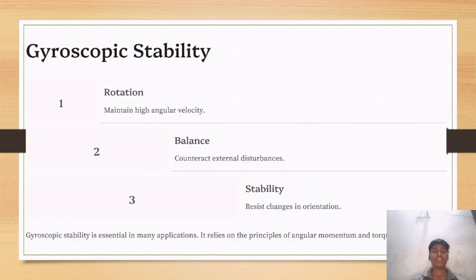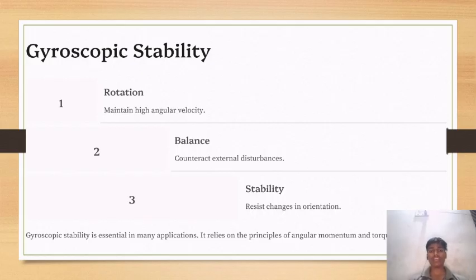Gyroscopic stability, rotation, balance, and stability. Gyroscopic stability is necessary for rotation and balancing, the similar thing in which gyroscopic torque is required. Similarly, we can see in aeroplanes and ships, the balance is only due to the gyroscopic torque or gyroscopic motion acting over there, or any gyroscope acting over there.